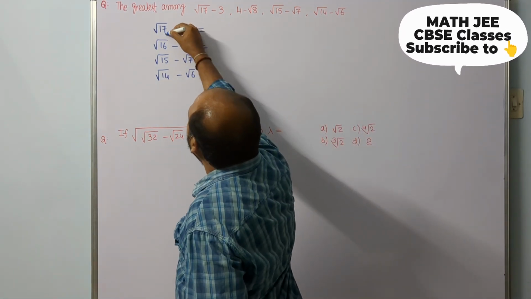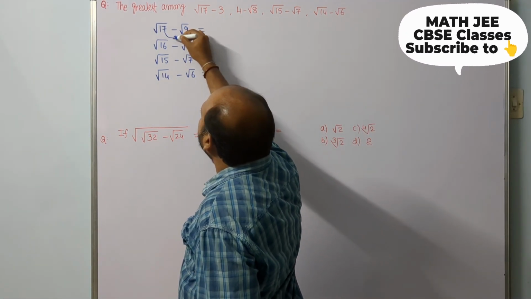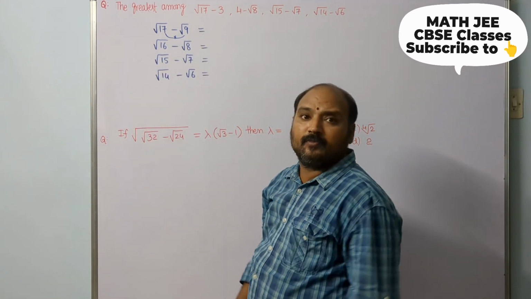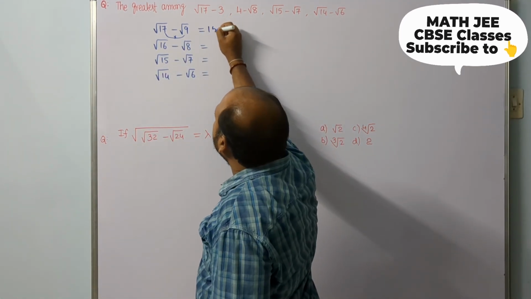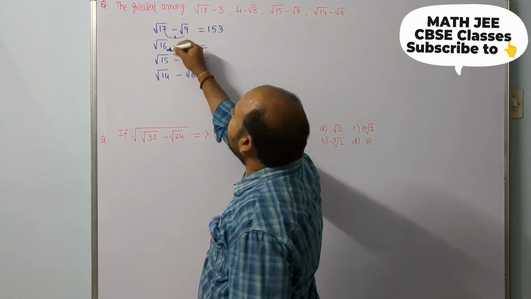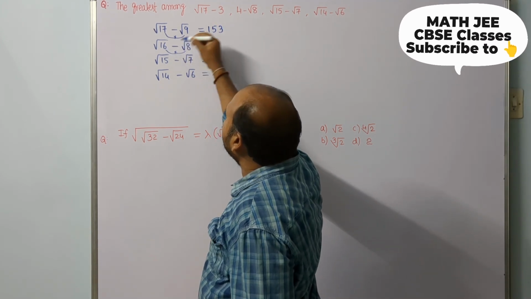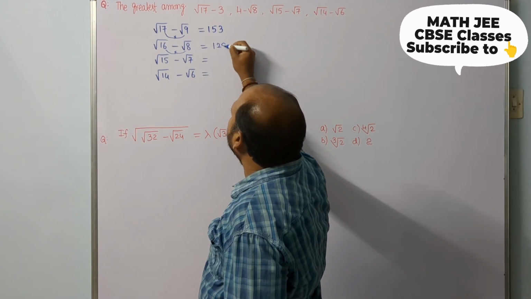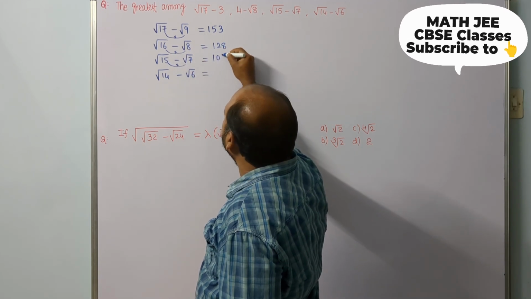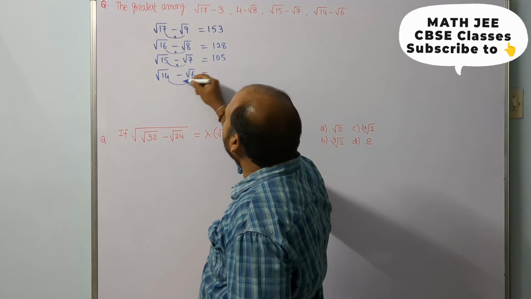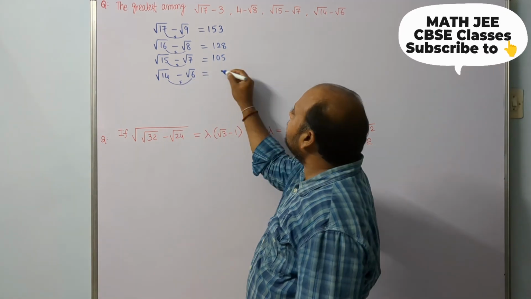In this, 17 into 9, if you do the product, you will get 153. Similarly, 16 into 8, if you do that, 128. 15 into 7, 108. 14 into 6, we will get 84.